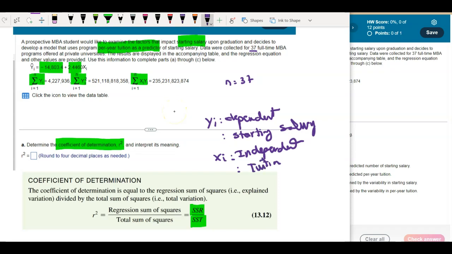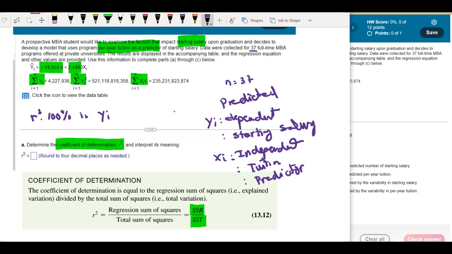So this one is the independent, and this is going to be tuition, right? So this is a predictor, and this is the predicted value. Now, why do we need this? Because the coefficient of determination, if you remember, r squared times 100% is the percentage of the yi's value predicted from the x value.